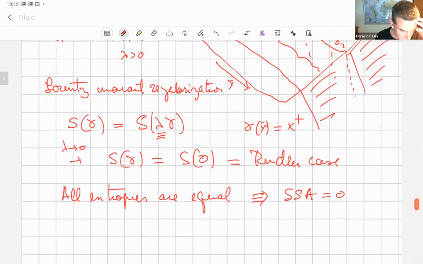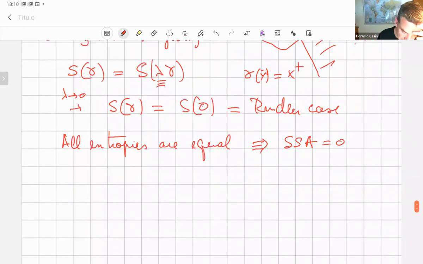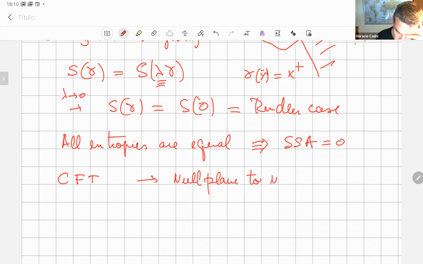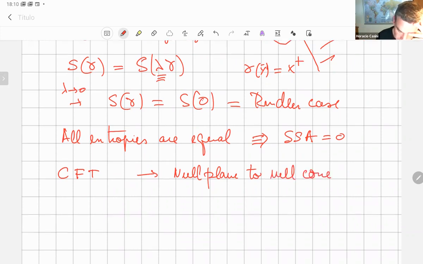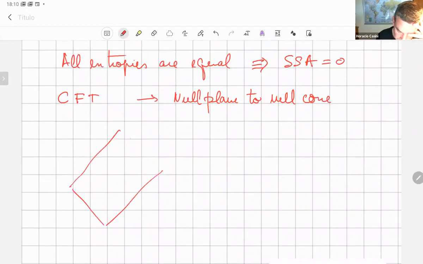But now, if you have a conformal field theory, you can conformally transform the null plane to the null cone. So there is a conformal transformation between the null plane and a null cone.